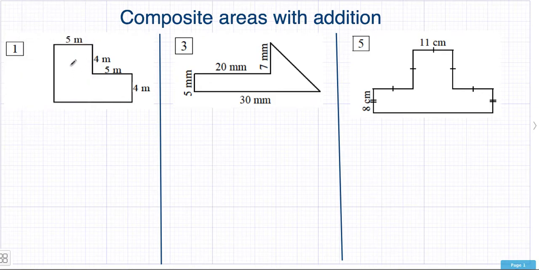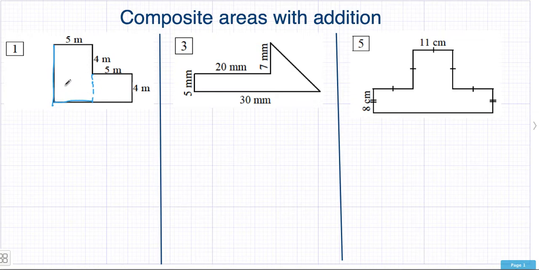So the first one here, we've got a shape where some of the sides have been labelled. You can see this is really made up of two rectangles sitting together. Imagine if I draw a little dotted line down there. You've got one big rectangle, and you can see this rectangle has a height and a base, or a length and a width.